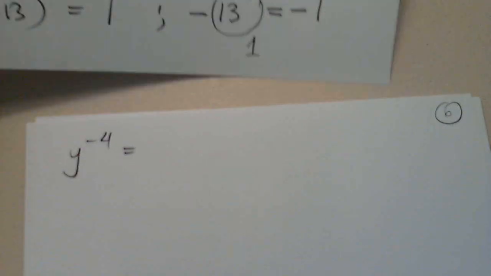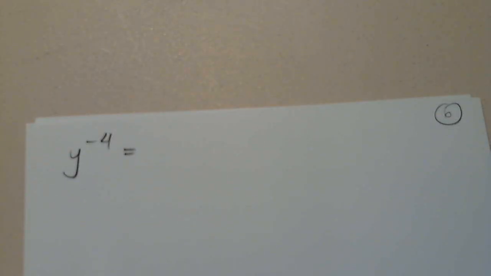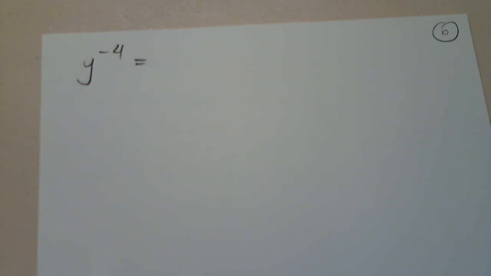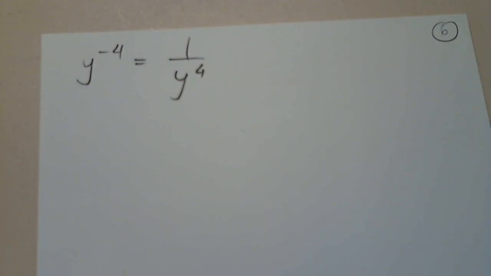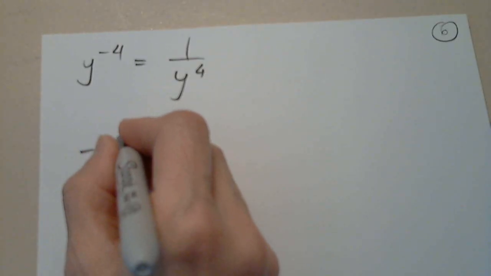Anyone can tell us how to write y to negative 4? One over y to the fourth power? Perfect. Moving on. What about negative y to negative 3?